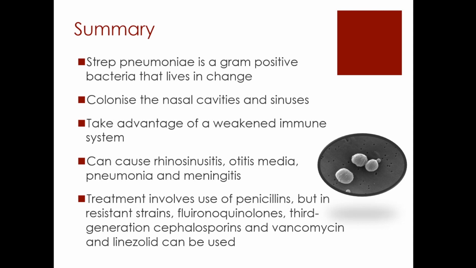The treatment would involve the use of penicillins, but for resistant strains you would use fluoroquinolones, third-generation cephalosporins, as well as a combination of beta-lactam and beta-lactamase inhibitor antibiotics. And for very resistant strains, you can consider vancomycin and linezolid.